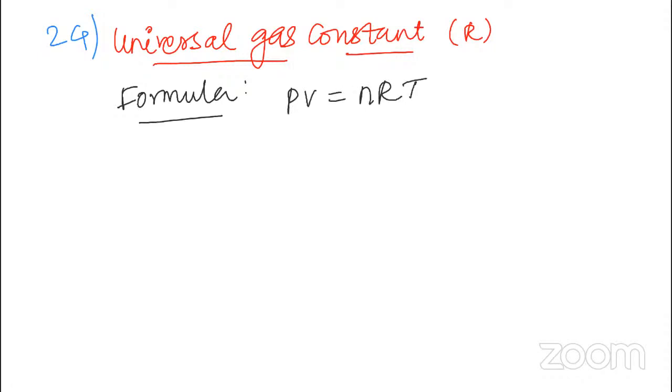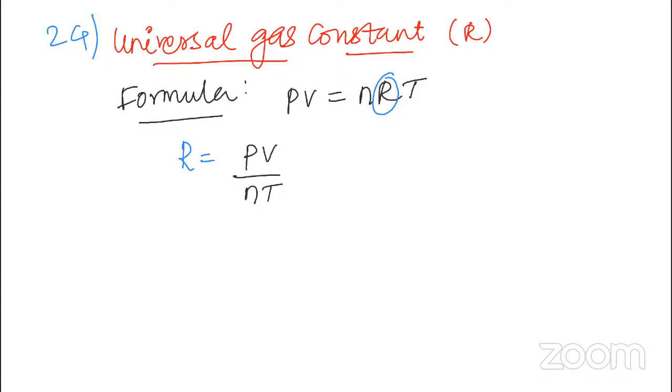Here we want only the gas constant, that is R. So keep R on one side and send the rest to the other side. So R is equal to PV divided by nT.